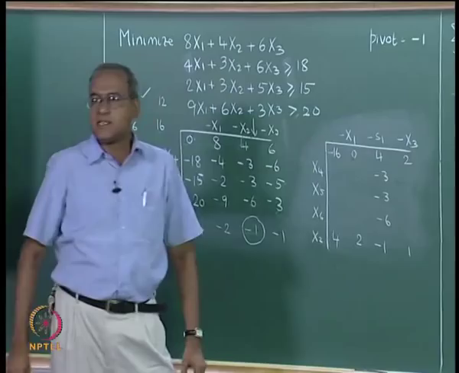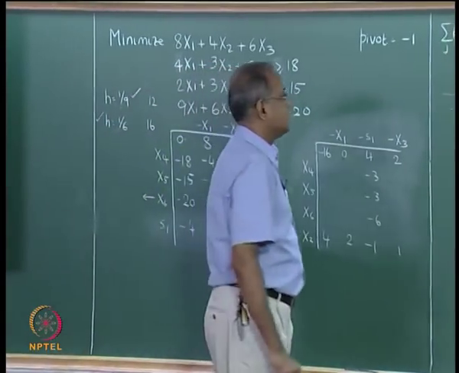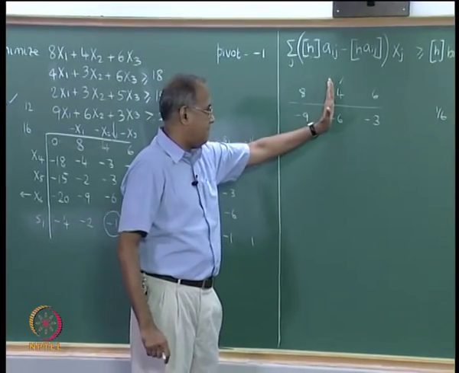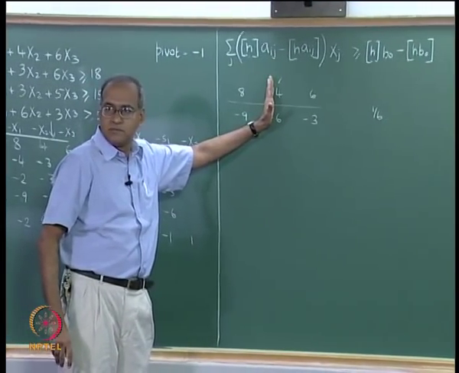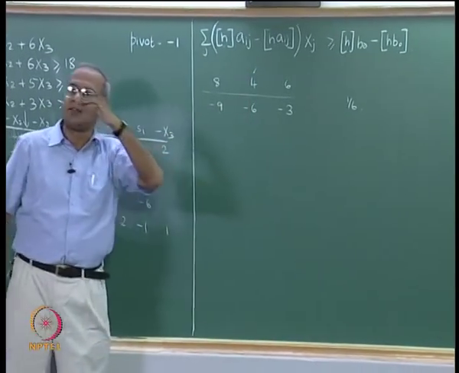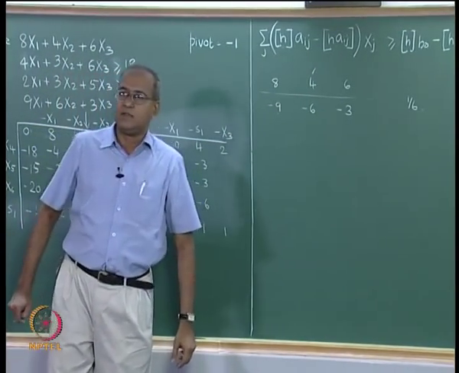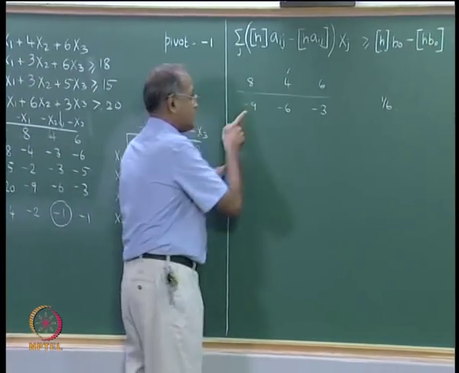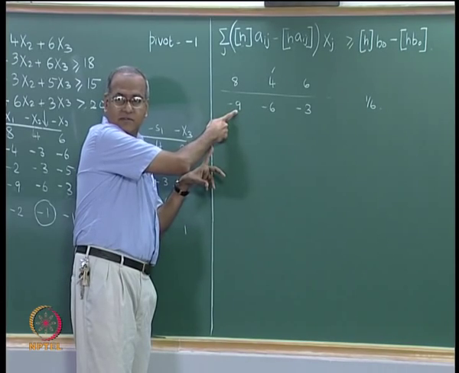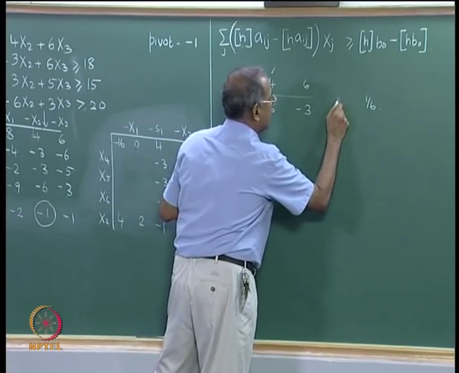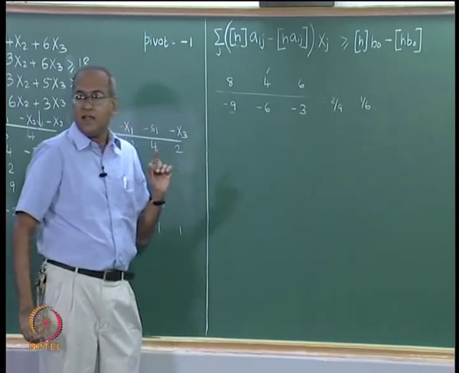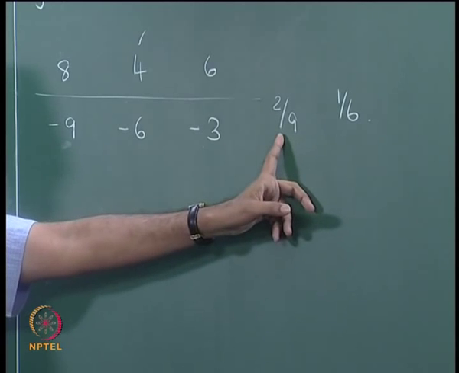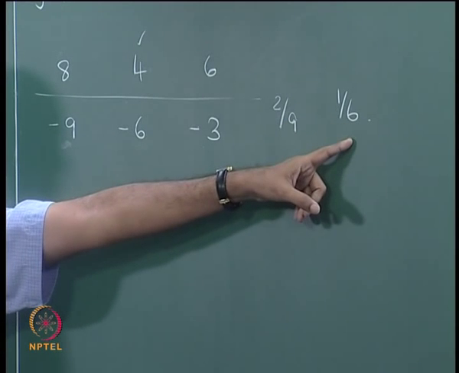Now we will go back and say that for this to be the highest and the best value and for it to retain the dual feasibility, what should happen is that this ratio is 2. So, 2 by 9 is the fraction here. So, we compute 2 by 9 and then say if 1 by 6 is smaller than 2 by 9, I will accept the 1 by 6.